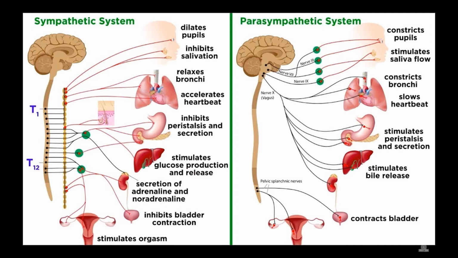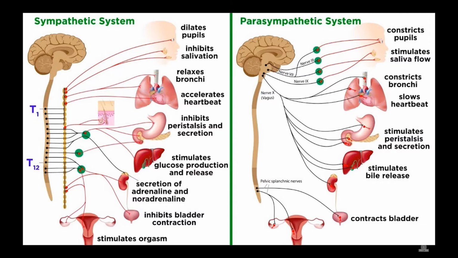The one more area I wanted to add is that the sympathetic system also stimulates the kidney. And what does it do with the kidney? It stimulates renin secretion. And renin secretion, in the end, will increase blood pressure through the renin-angiotensin-aldosterone system.